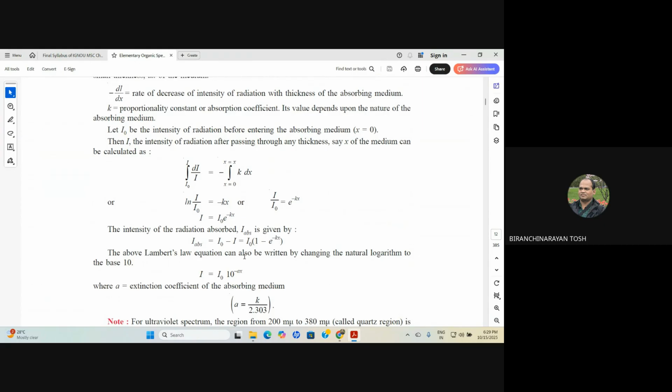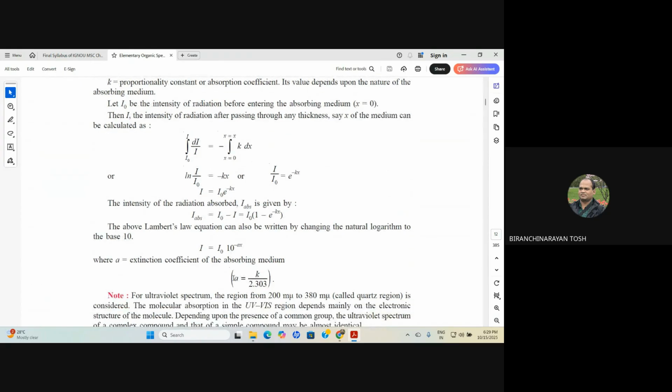So if you convert it to base 10, then I will be equal to I naught into 10 to the power minus ax, where k we have to convert to a, because the difference between ln and log is 2.303 log equal to ln, that you know. This is base 10. So that's why a will be equal to k by 2.303.